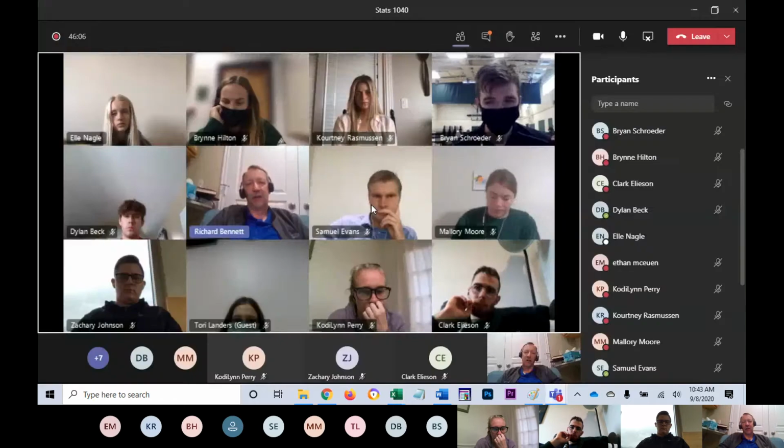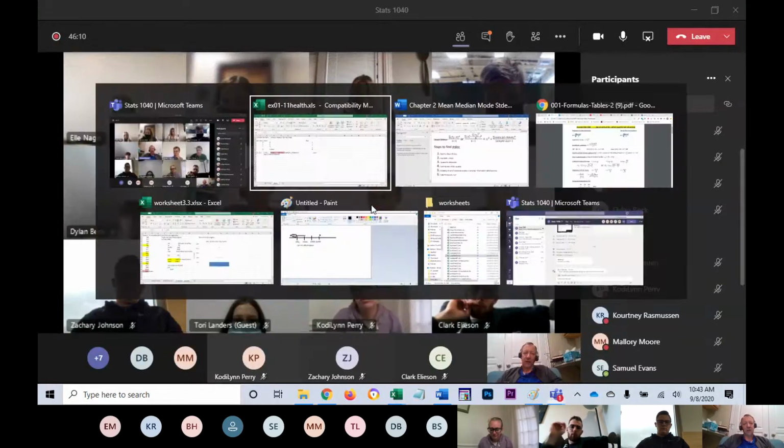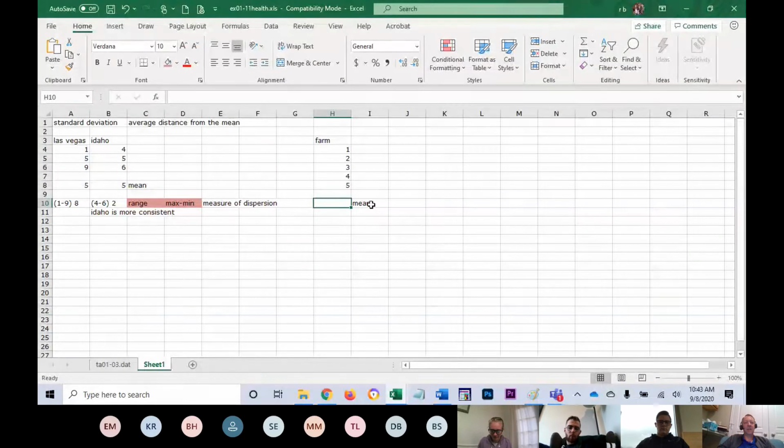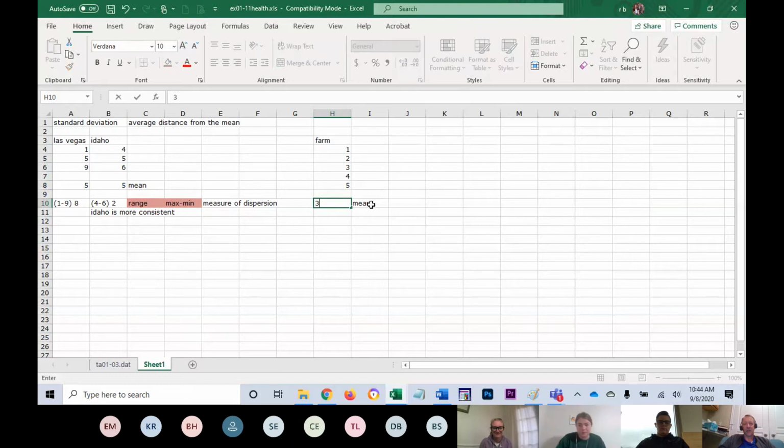Mallory Moore, can you tell me what you think the mean is? I bet you can guess that without thinking too hard. 3. 3, very good. And that's also going to be the median. The mean and the median are the same. We're going to be using mean for this, not the median.